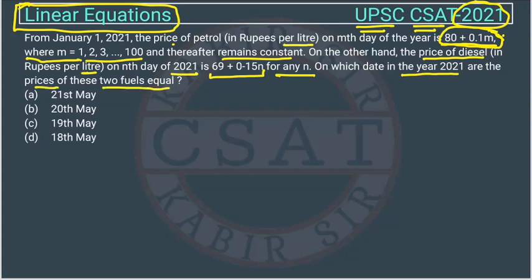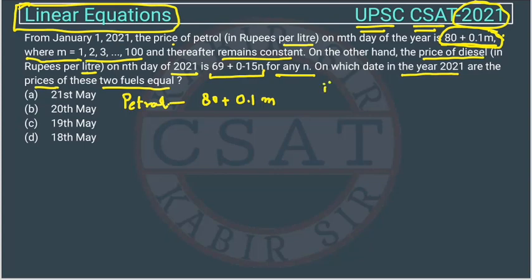They have given the price equation for petrol. For petrol the equation is 80 plus 0.1 m, and m is 1 to 100, and after 100 the price will be how much? Let's determine.